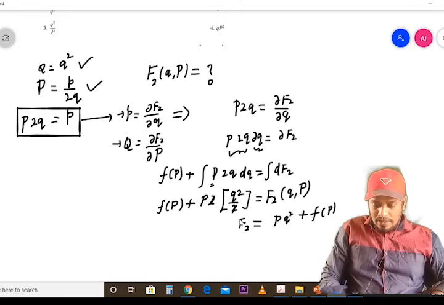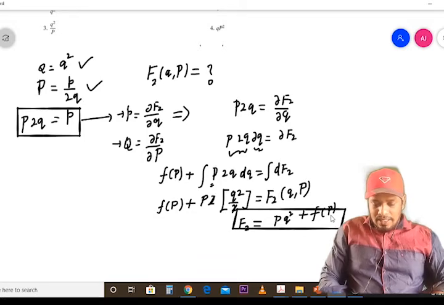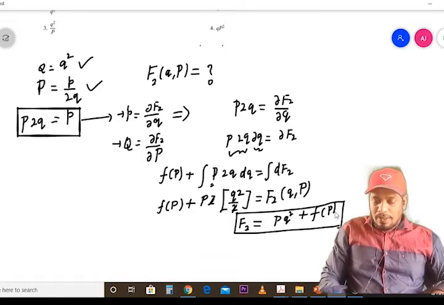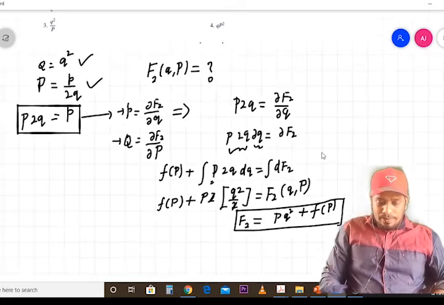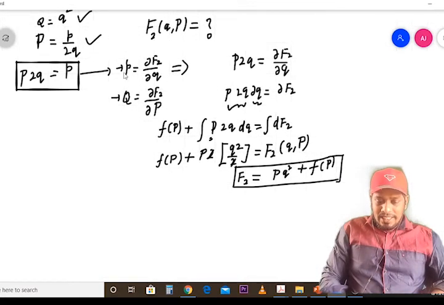So from the first equation we are getting the generating function, but we don't know what f is, the small f(P), the integration constant. Now we can use this relation. This is the first equation we have used. Now we can use this equation.